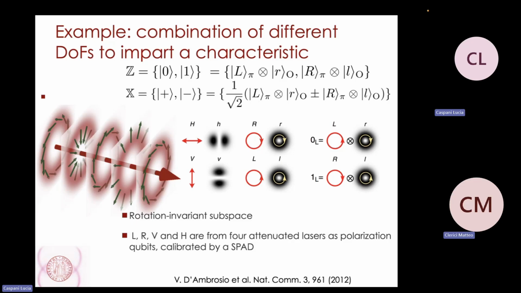Because if one rotates, of course, the polarization, if you take a linear polarization, of course, it loses the alignment, so the QBER goes up. But if you combine the states, and it's done by engineering these properties mathematically and combining them experimentally using a q-plate, a quarter-wave plate and a half-wave plate, you can obtain that the rotation is compensated by the angle that is instead imparted in the other degree of freedom, which rotates at the same time.